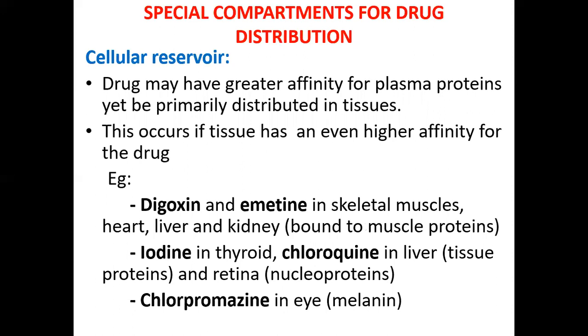Drugs may have greater affinity for plasma proteins and yet be primarily distributed to tissues, if the tissues have a higher affinity for the drug.